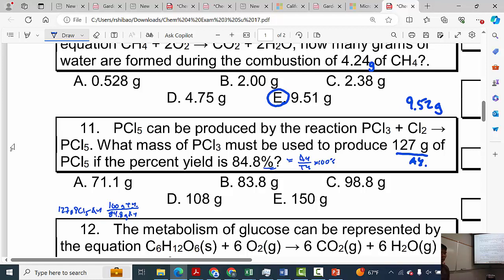All right, then I need to figure out the molar mass of PCl5. So I have phosphorus, which is 30.98.